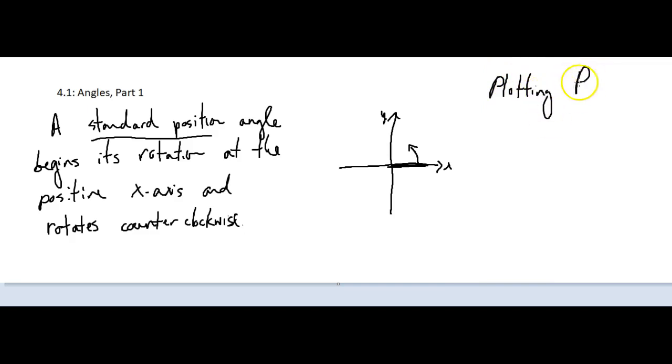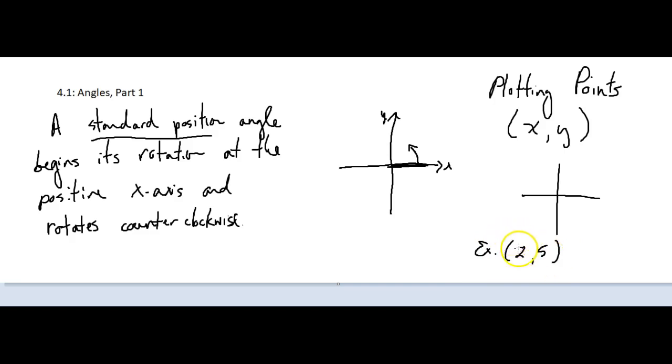Just in case it's been a while or you're unsure about plotting points: X, Y. X first, then Y. So when I go to plot a point, say I'm plotting, for example, 2, 5. 2 is my X value, so we measure along here, 2 on the X axis, 1, 2, 3, 4, 5 on the Y, and it's the intersection of those two values.